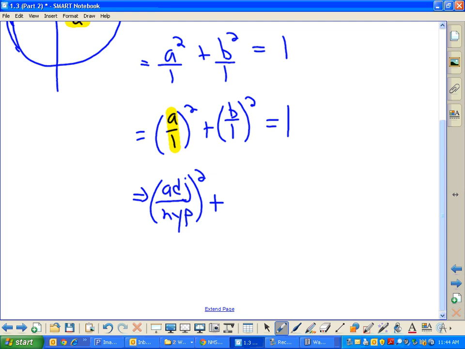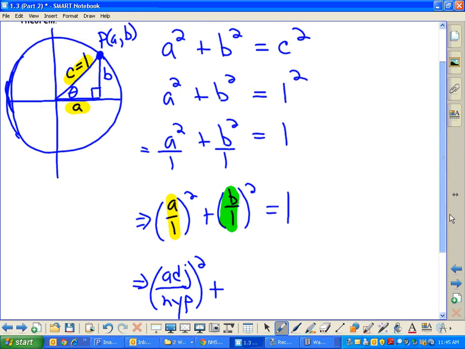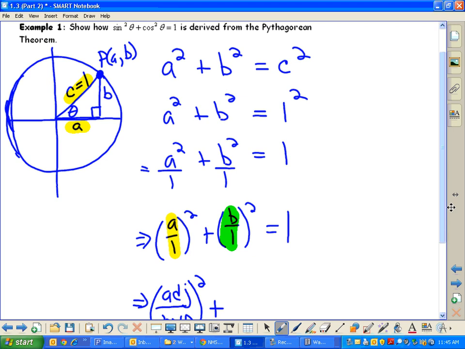Now, these should be little arrows there. And then we're going to do it again for b over 1. See that b over 1 right there? In relationship to theta, I'm talking about opposite over hypotenuse, squared.